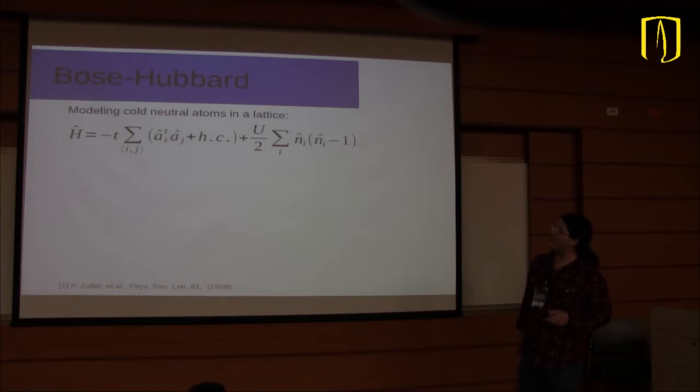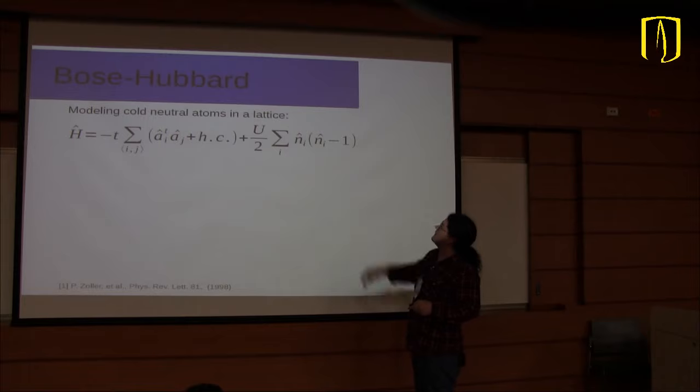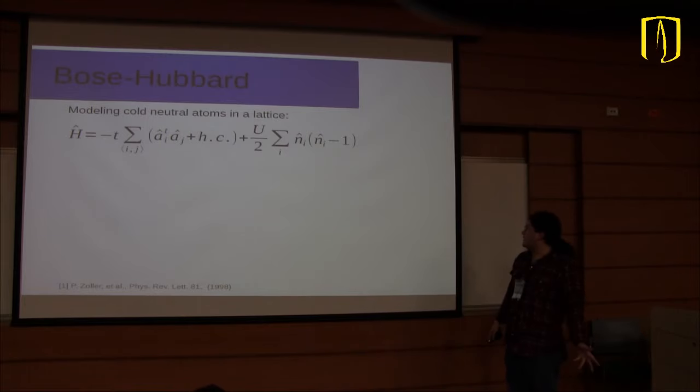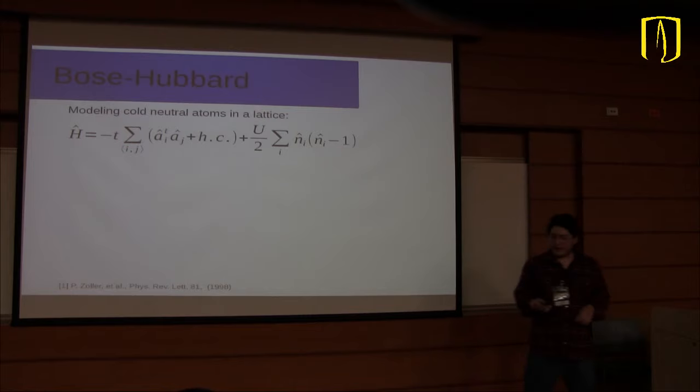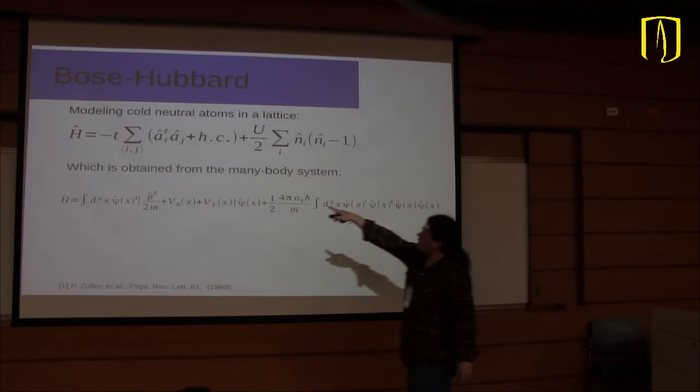So here we have the Bose-Hubbard Hamiltonian, which is the model of the situation, where we have the kinetic term, which is composed of just a jump in the lattice. We annihilate one particle at site j and we create another at site i.